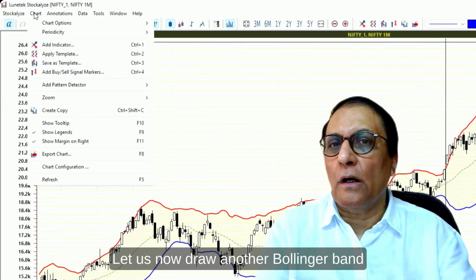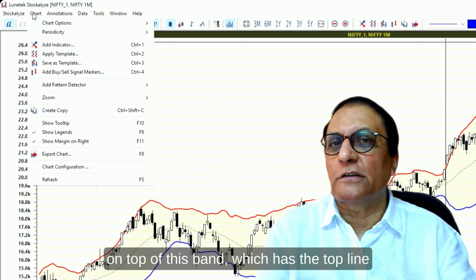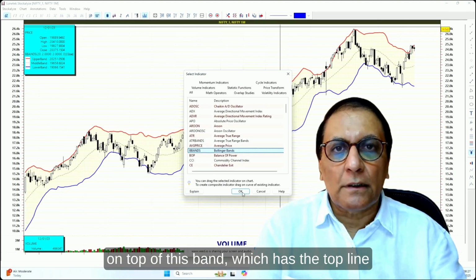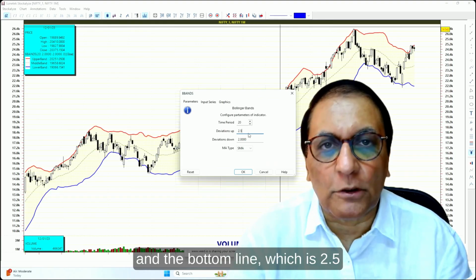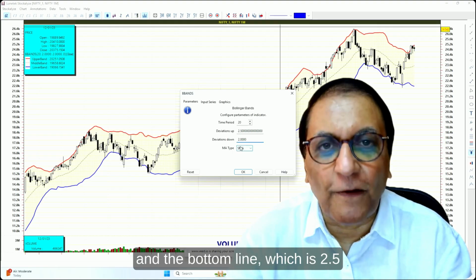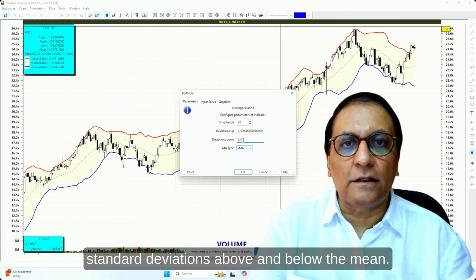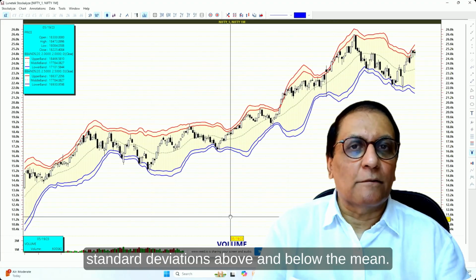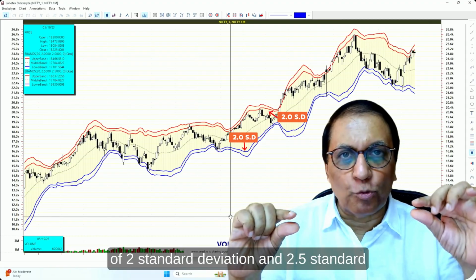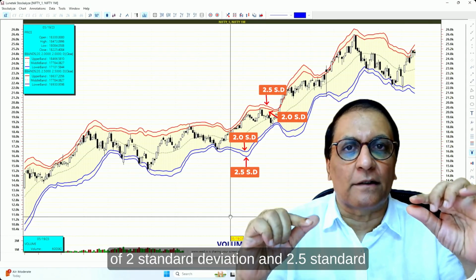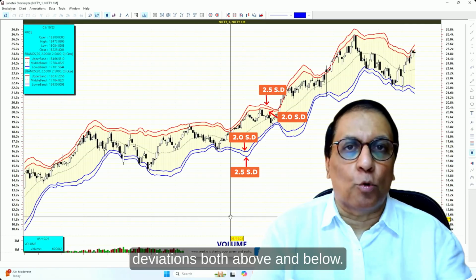Let us now draw another Bollinger Band on top of this band, which has the top line and the bottom line 2.5 standard deviations above and below the mean. We now have a zone on top consisting of two standard deviations and 2.5 standard deviations, both above and below.